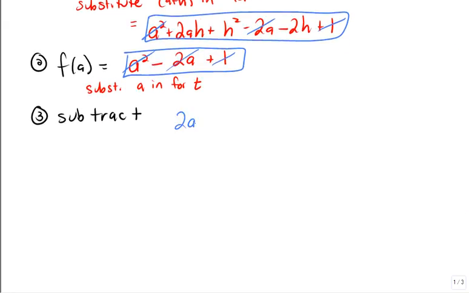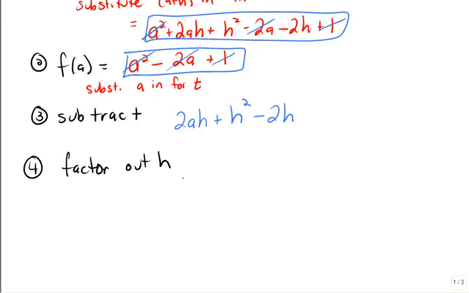I'm left with 2ah plus h squared minus 2h. Factor out an h out of everything. Divide by h.